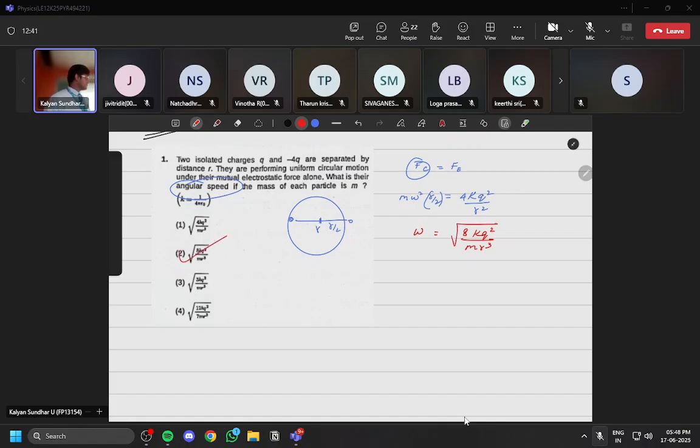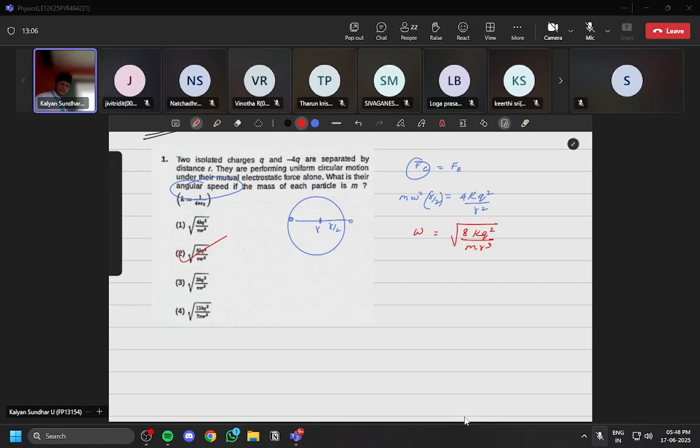Option 2 will be the right answer. So this will be the omega value.